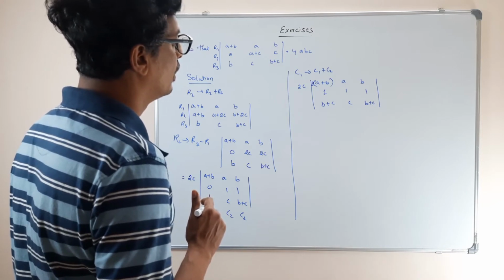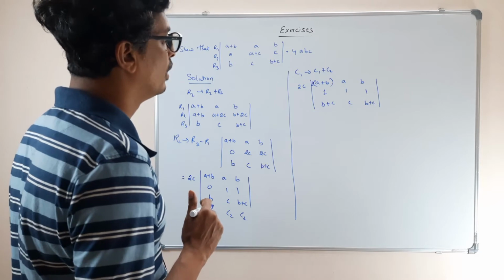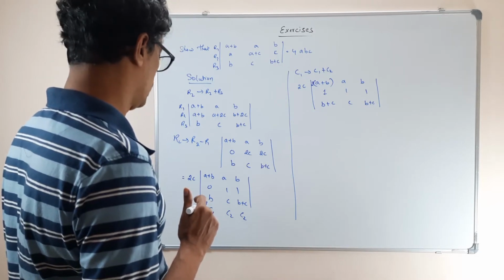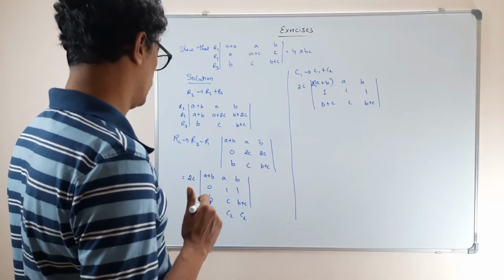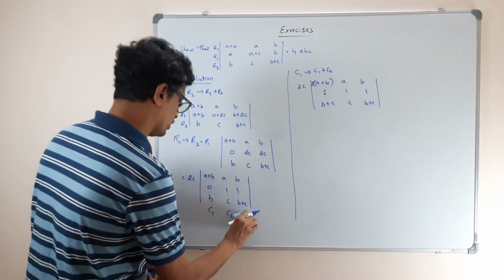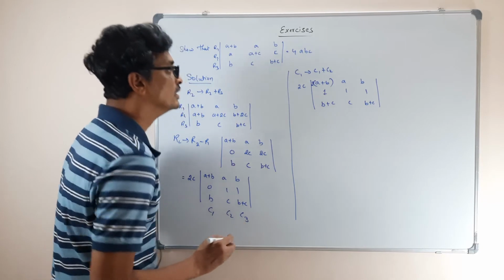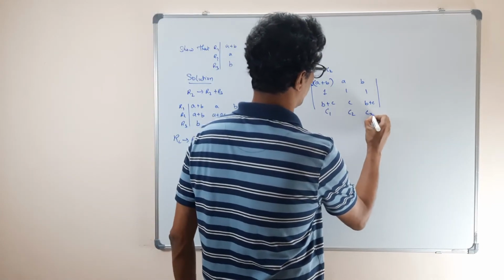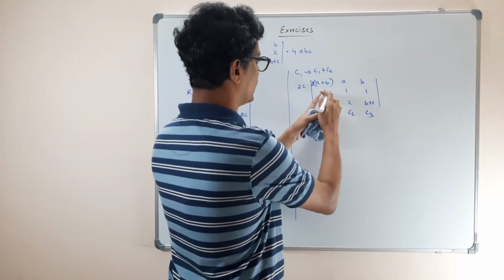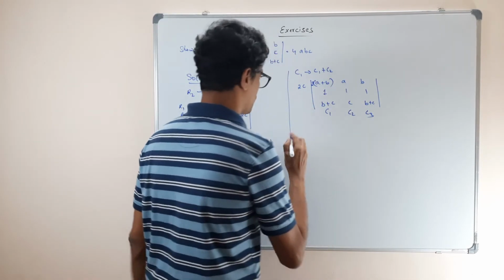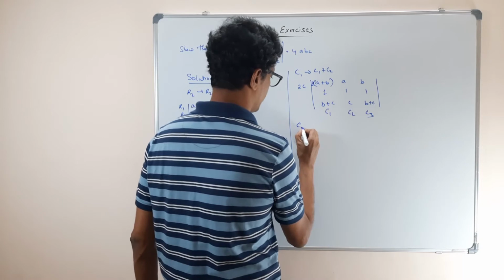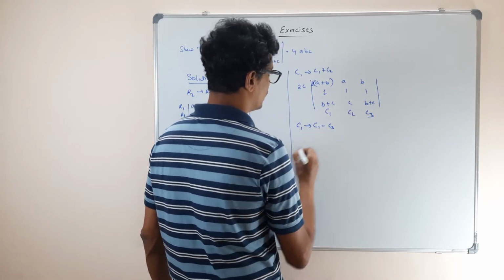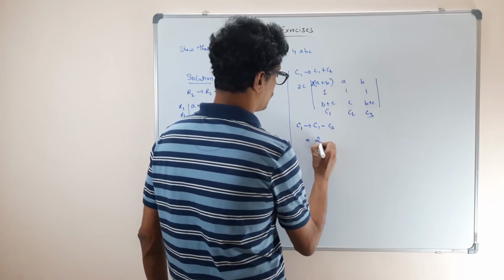No, if you subtract, then it will become 0. If you subtract C3 from C1, C1 minus C3, you have C1, C2 and C3. If I subtract them both, this will anyway become 0. That's also a good idea. So you replace C1 with C1 minus C3, correct?